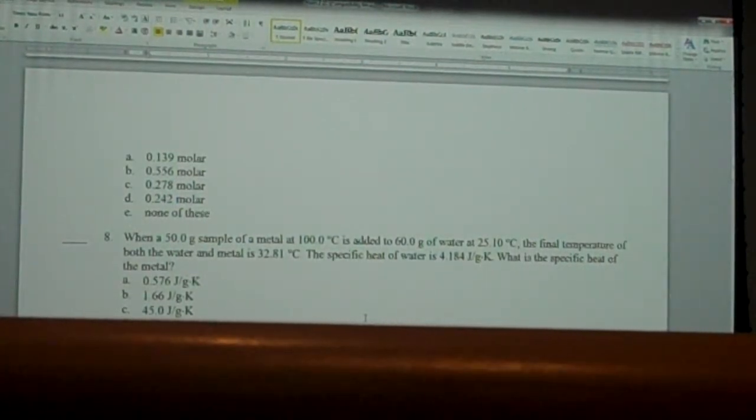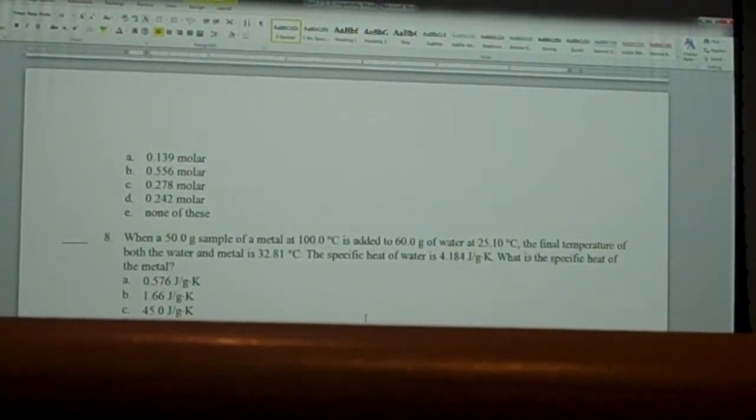We did an example exactly like this in class. What is the specific heat of the metal? That's one possible way I would ask it. There aren't that many ways to ask it, as long as you know the equation. Now, what is the equation for heat capacity?